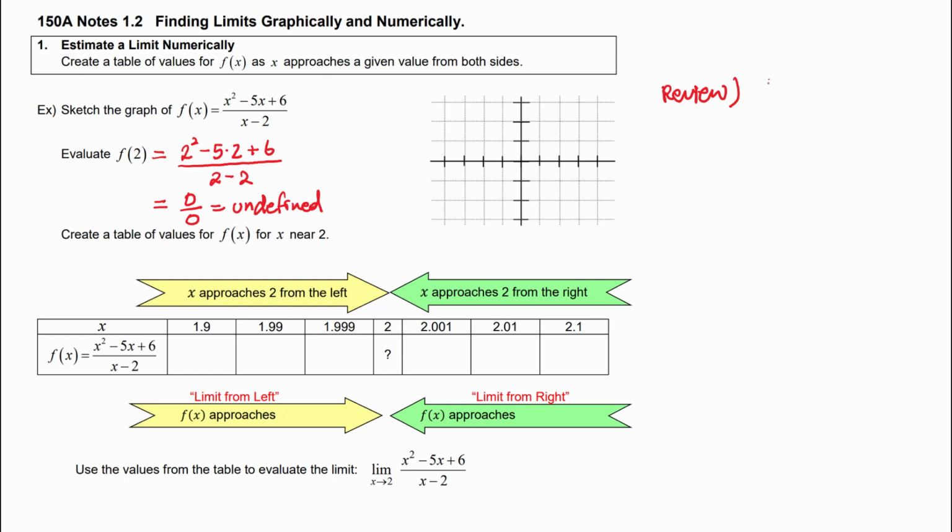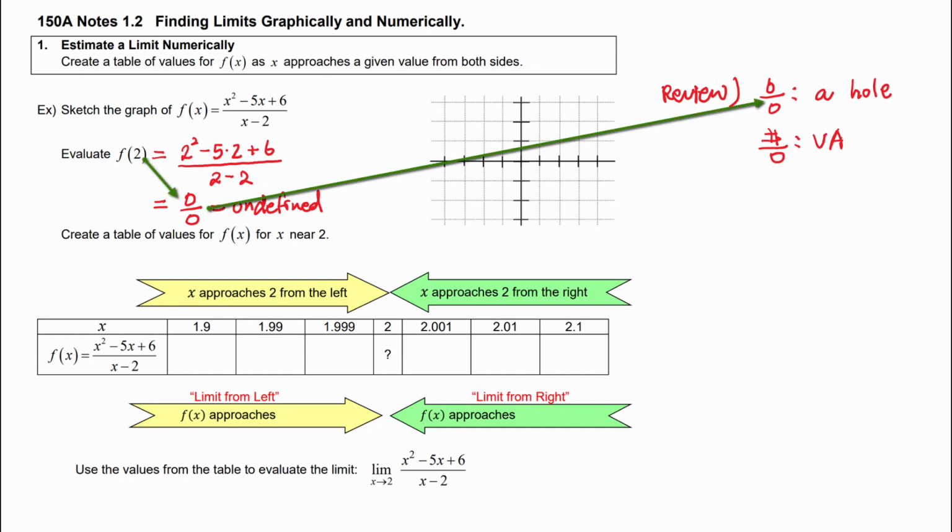And if you have a number over 0 and the number in the numerator is not 0, then you have a vertical asymptote at that x. So in this case, at x equals 2, you can see you're going to have a hole.